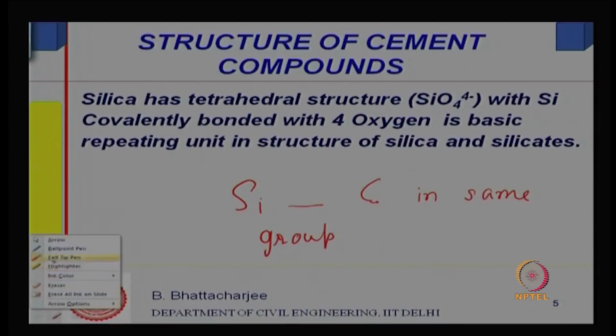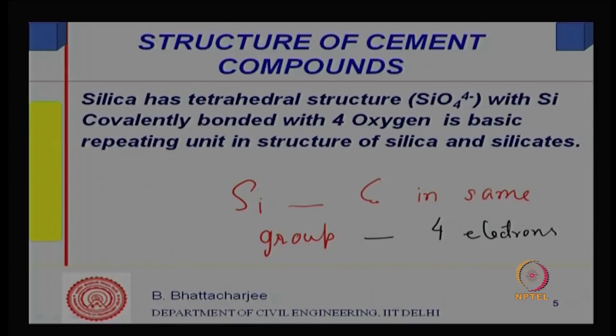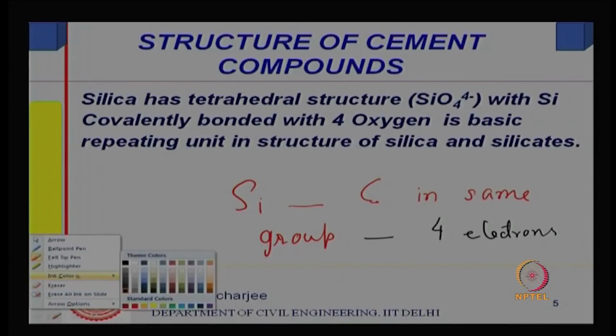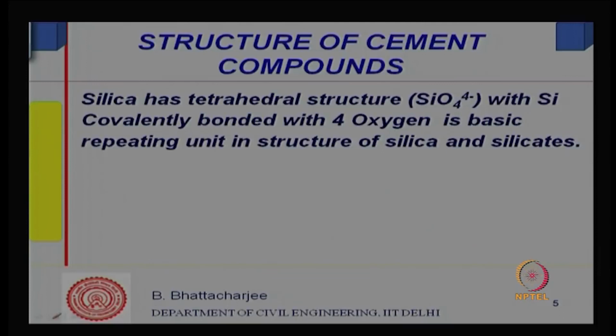If you recall, they have 4 electrons in their outer shell, and this silicon therefore combines with 4 oxygen, forming the SiO4 ion with 4 negative valency.